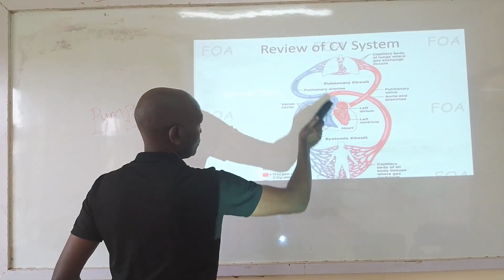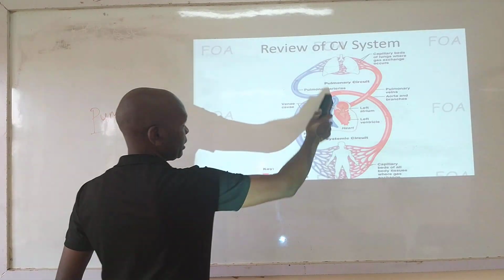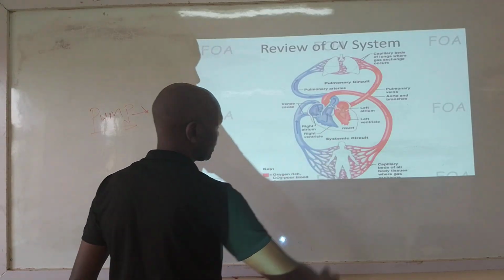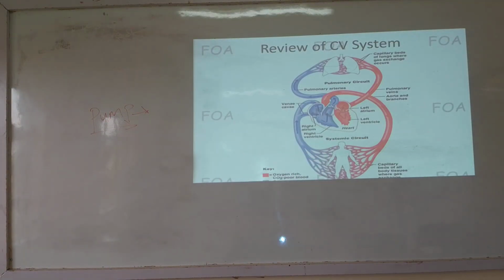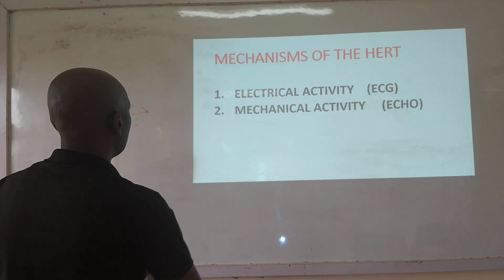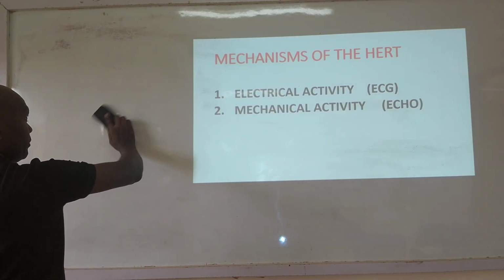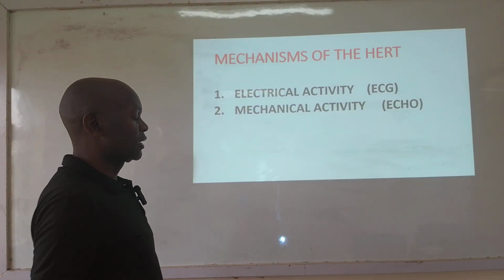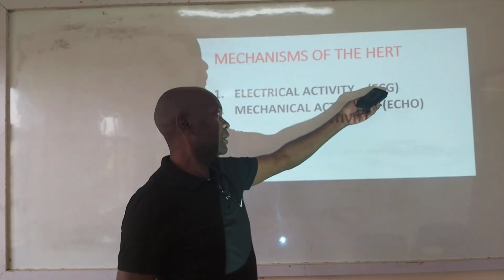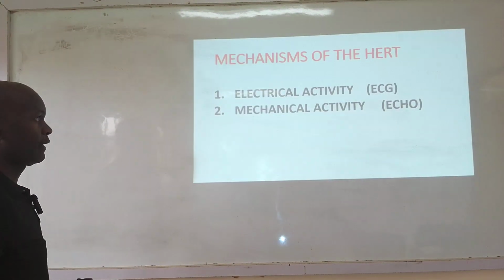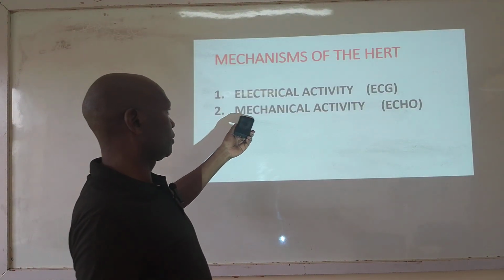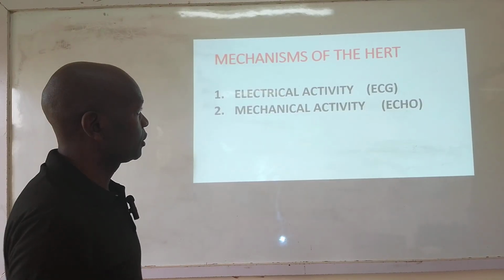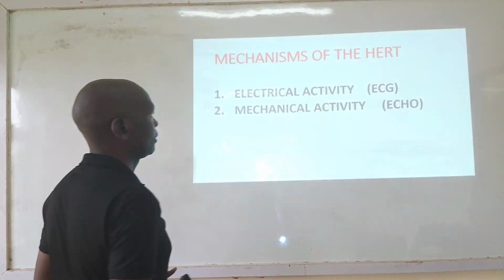Then we have 2 sets of circulatory system, pulmonary circuit and systemic circuit. That's just to show the function of the heart. The heart has 2 mechanisms of function. We have electrical activity, which is normally checked using an ECG. We also have mechanical activity, which is usually checked using an echo.